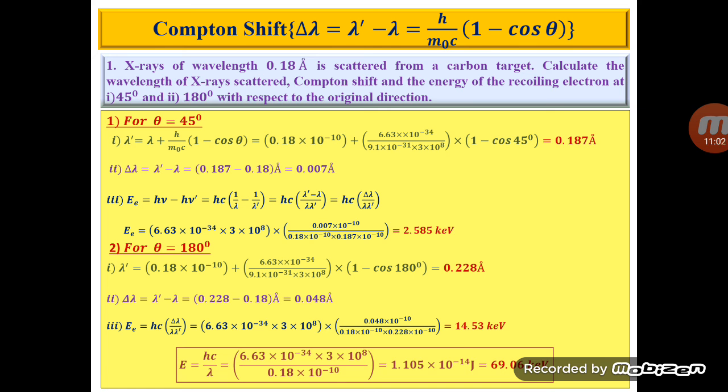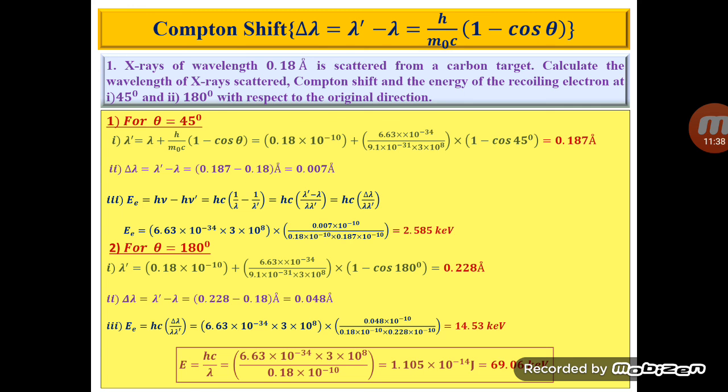But if we consider a low energy interaction such as the photoelectric effect, the interaction of the photon is with a bound electron. Therefore, in that case the electron can absorb the complete energy of the incident photon. Whereas in case of Compton scattering, the interaction of a photon is with a loosely bound electron or with a free electron. So that's why the electron will not completely absorb the energy of the incident photon.